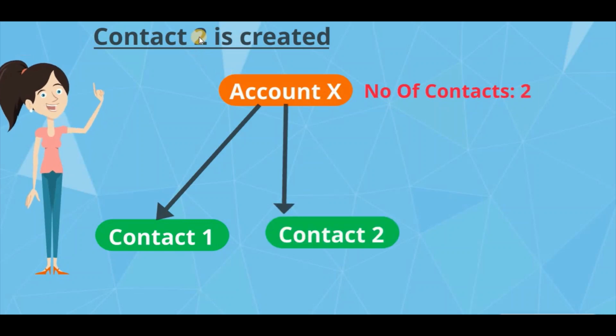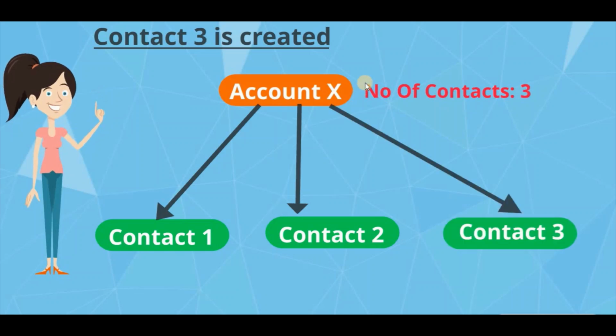In the same way, whenever contact 2 is created, the value has to be updated again, saying that number of contacts is now 2 on the account record. In the same case, whenever contact 3 is created, the number of contacts has to be updated with the value 3. If you see, whenever a contact is getting created, whenever there is a DML operation, whenever an insertion is happening on a contact record, then we are updating the value.